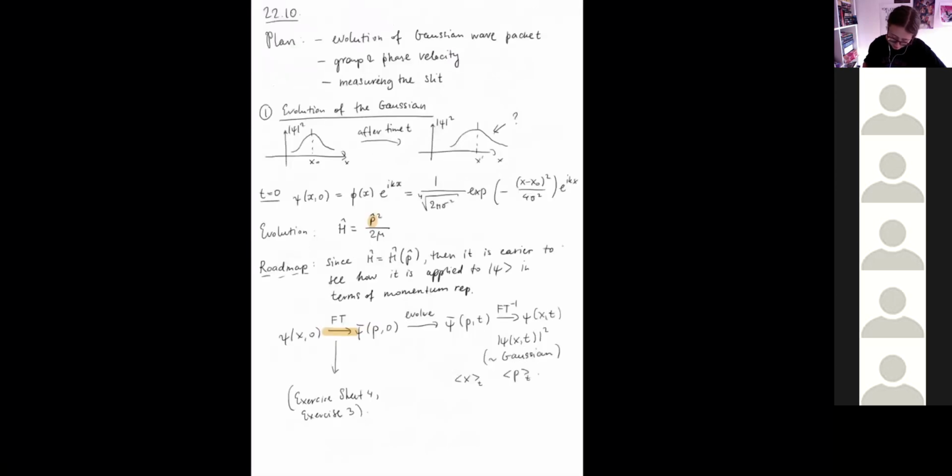And then finally we insert the definition of ψ̄(p,0), which is, let me see, the coefficient: square root of 2σ² over πħ².